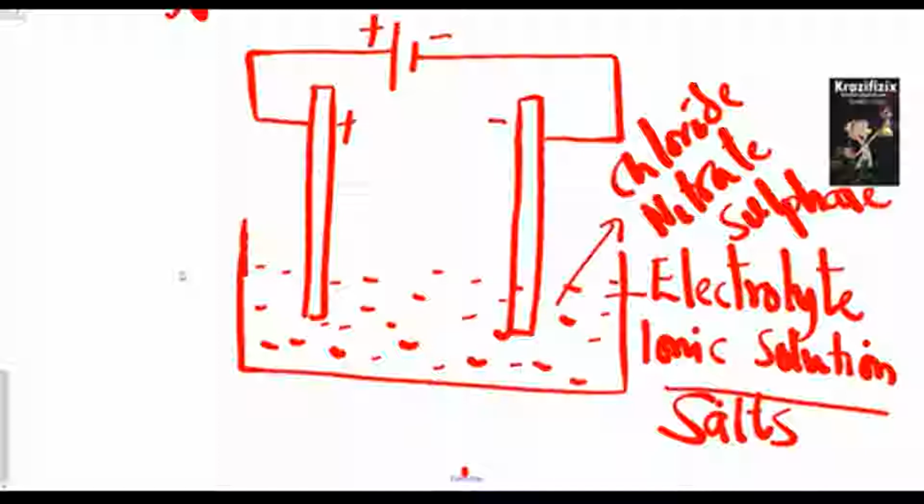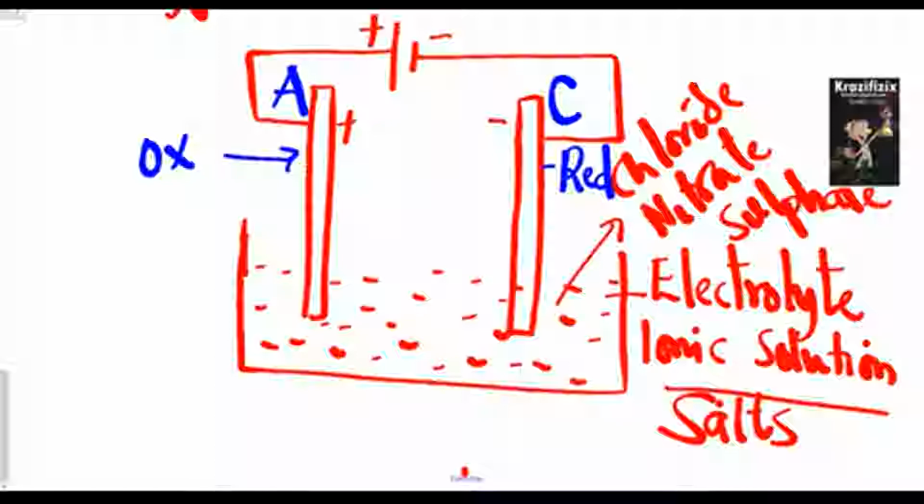Now, in the galvanic cell, we said the cathode is the positive. In this case, the cathode becomes the negative, and our anode becomes the positive. But remember, oxidation is still going to take place here, and here we're going to have reduction taking place.